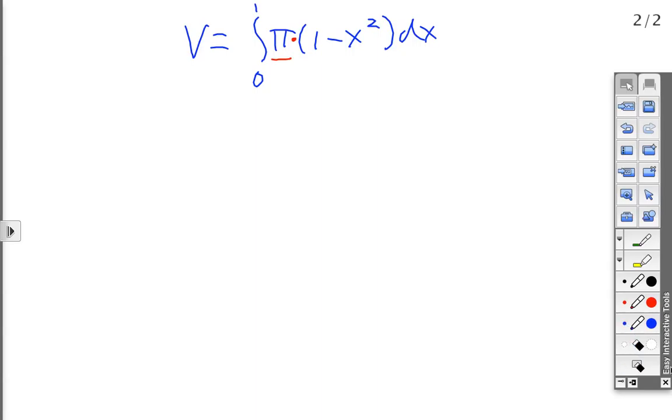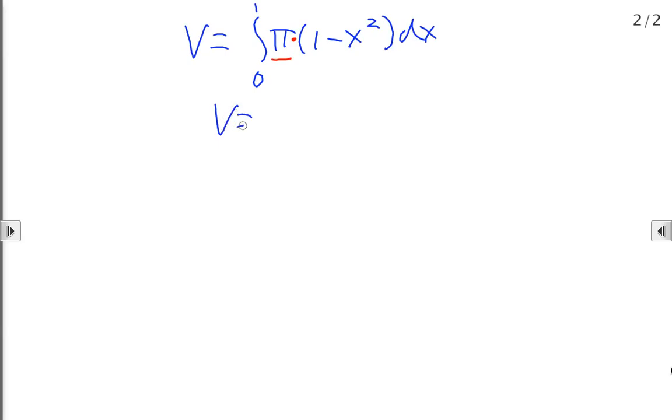So we have our integral, the volume, equal to the integral from 0 to 1 of pi times 1 minus x squared dx. I've highlighted pi because it's a constant. And I've gone ahead and added this circular dot to represent a constant times a function. That allows us to use the constant multiple rule, or the ability to factor out pi.